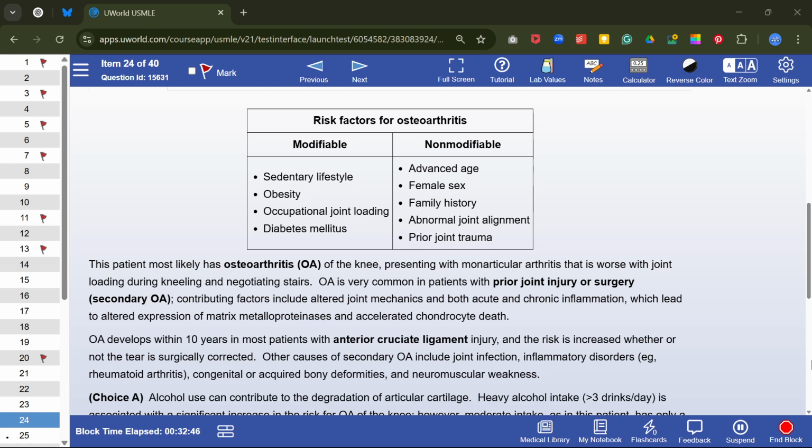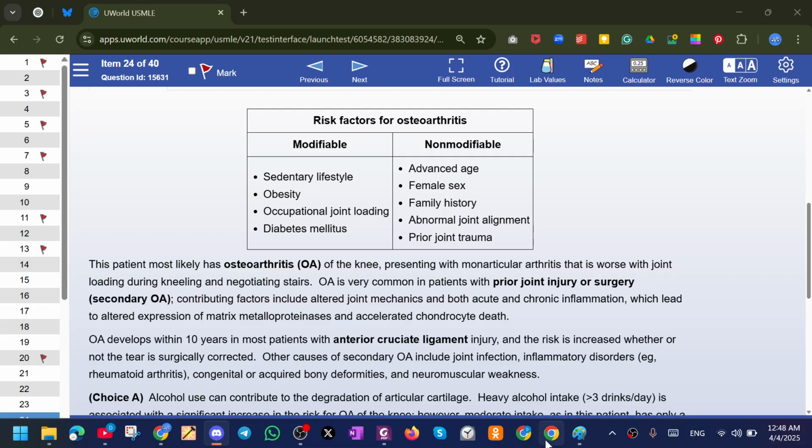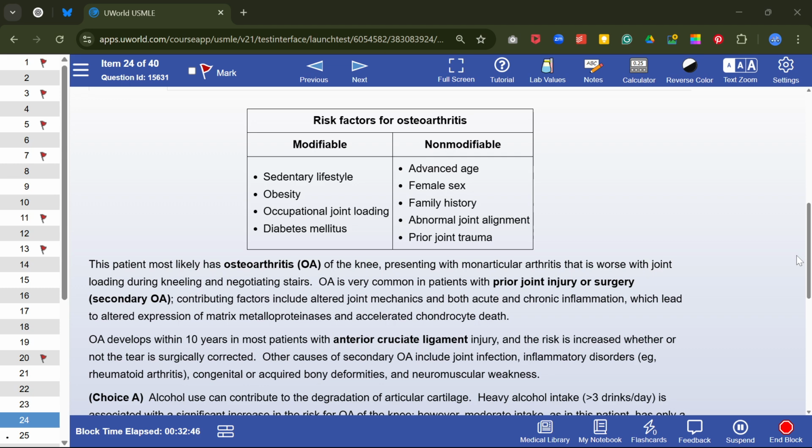Secondary osteoarthritis contributing factors include altered joint mechanics and both acute or chronic inflammation, which can lead to altered expression of matrix metalloproteases and accelerated chondrocyte death. Osteoarthritis develops within 10 years in most patients with anterior cruciate ligament injury.